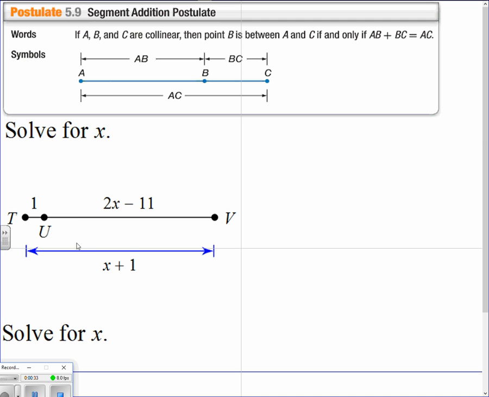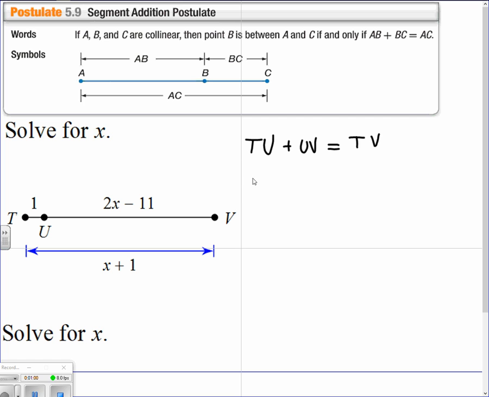Okay, solve for x. I'm going to write this for this problem. The length TU, meaning this length, plus this length. So the little pieces added together are equal to the biggest piece of them all. The biggest piece is TV.